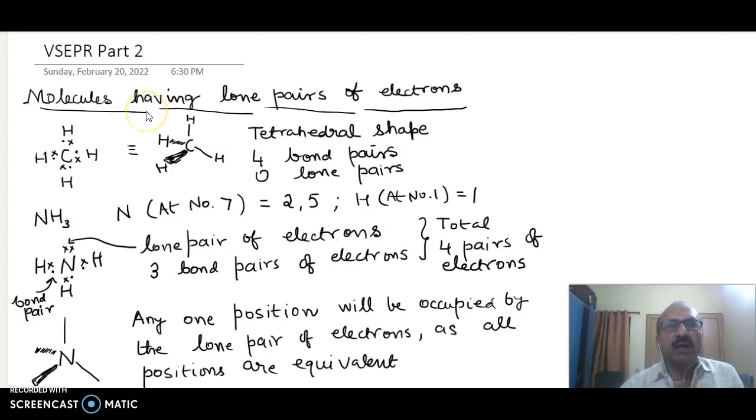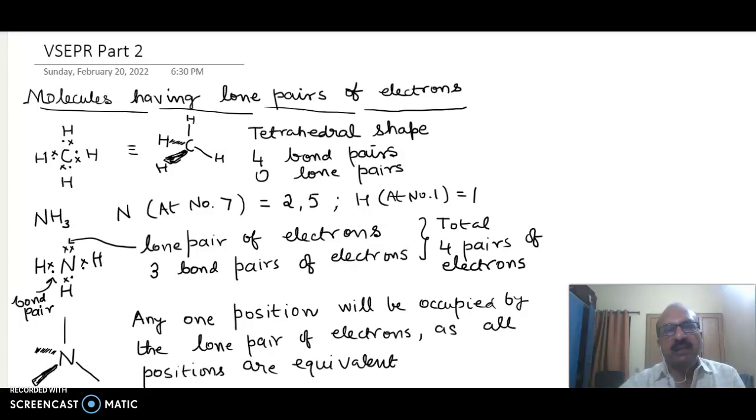Now if you consider methane, this is the example of a molecule which has only the bond pairs. There are 4 bond pairs of electrons, and as you know, the shape of the methane molecule is tetrahedral. It has 4 bond pairs, 1, 2, 3, 4.